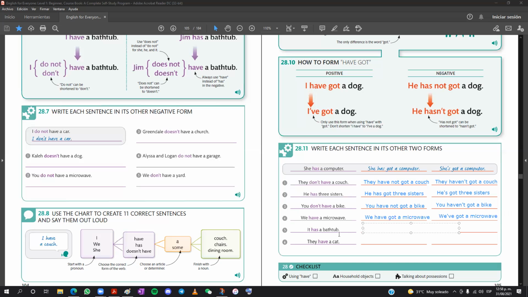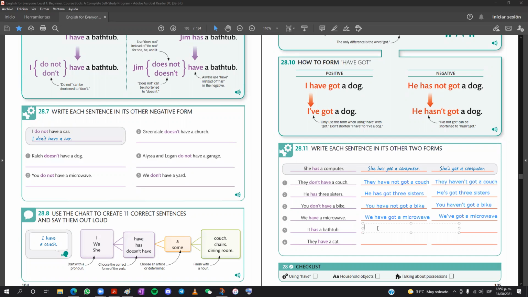It has a bathtub. Ok, ¿quién lo quiere hacer? Adelante, Mara.